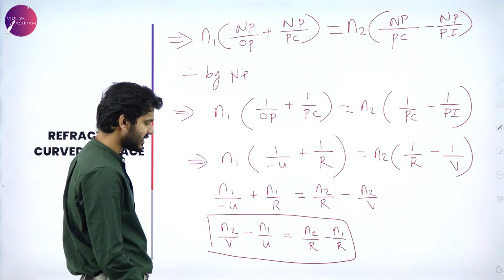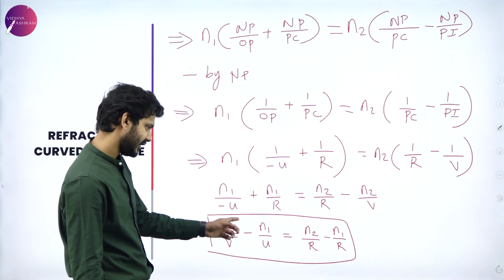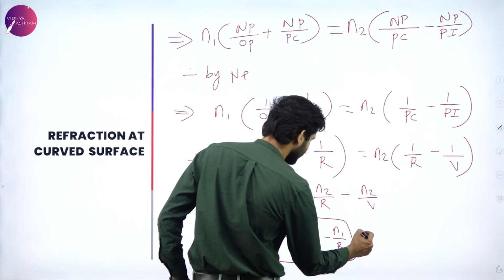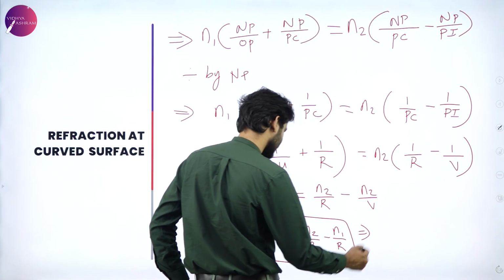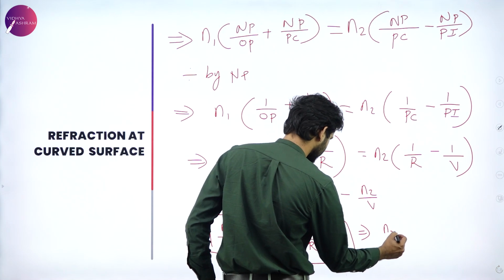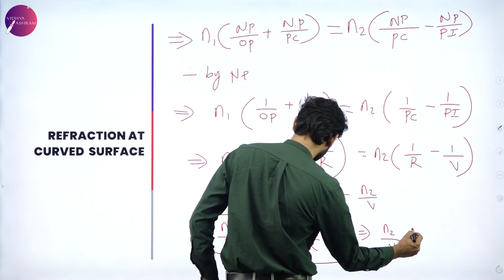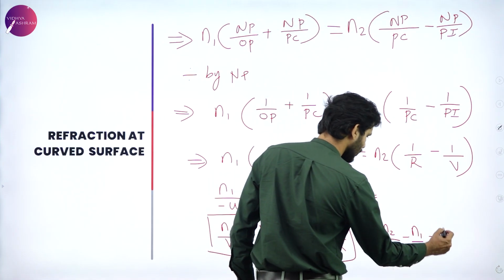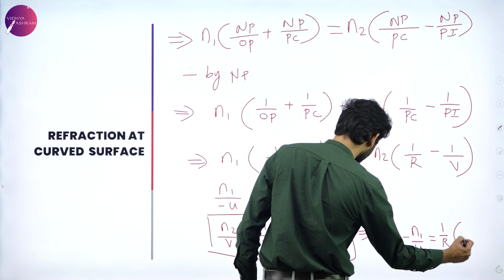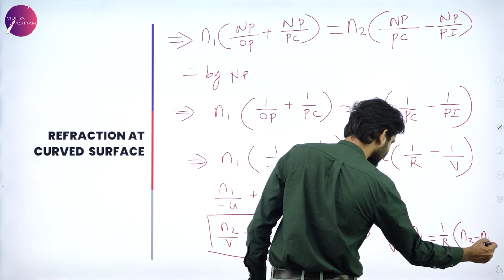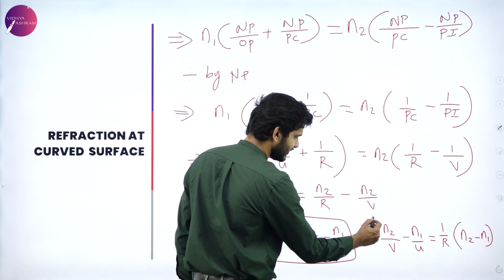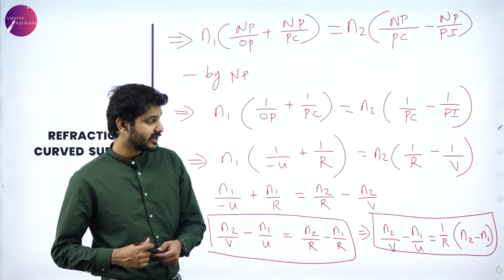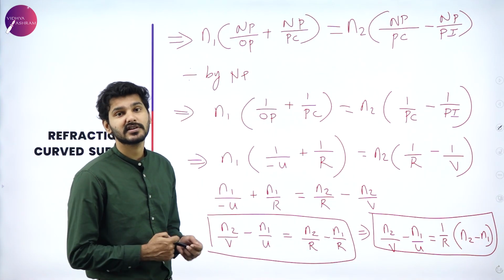Or I can take N2 minus N1 common, and then I can write it as N2 by V minus N1 by U is equal to 1 by R into N2 minus N1. So this is the final form of refraction at a curved surface.